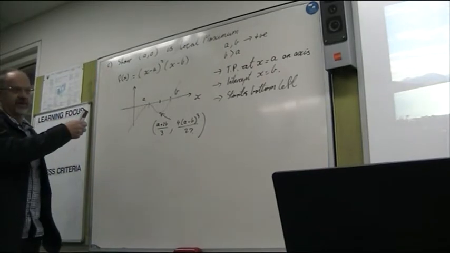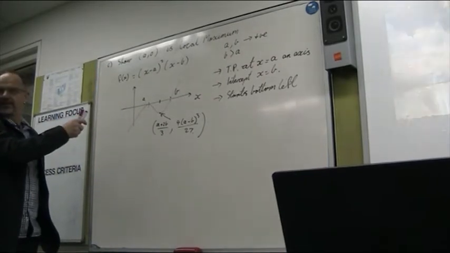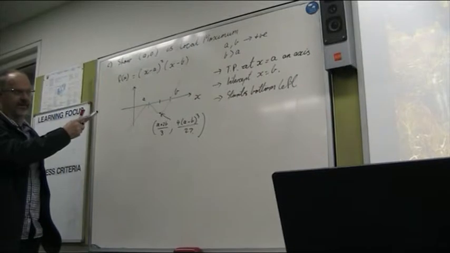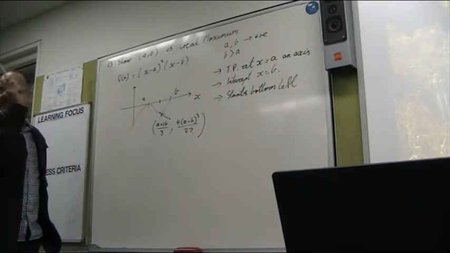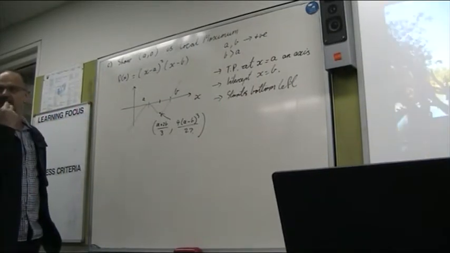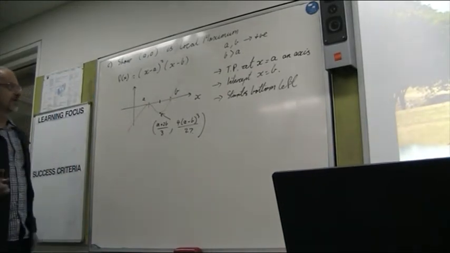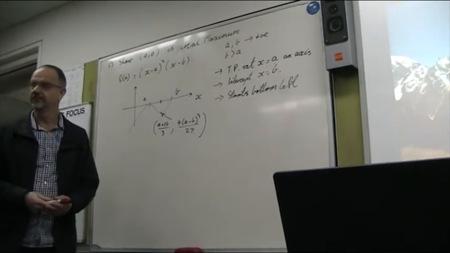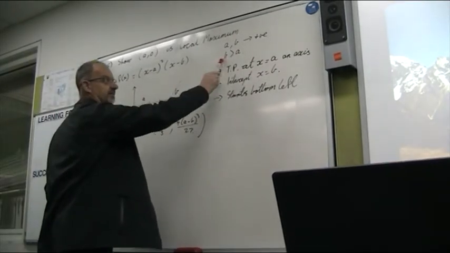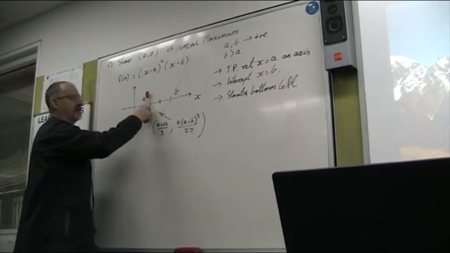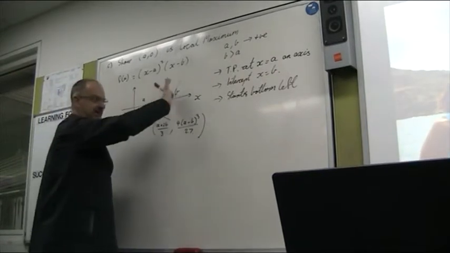All right, there's a fair bit in that, a little bit complicated. Anything clarified? Yes. How do you know that the A isn't a minimum turning point and the maximum turning point is further to the left? Is it because B is bigger than A? Yes, because of this. If A is here, B has to be that way.